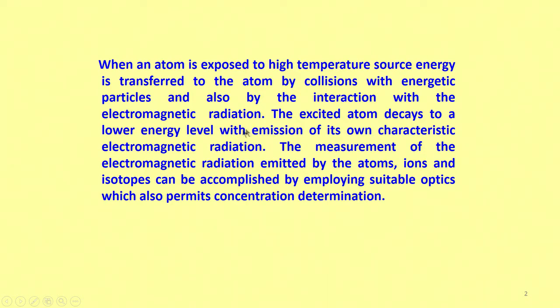So, the excited atom decays into a lower energy level with the emission of its own characteristic EM radiation. The measurement of the electromagnetic radiation emitted by the atoms, ions or isotopes can be accomplished by employing suitable optics. That we are going to study now, which also permits concentration determination.